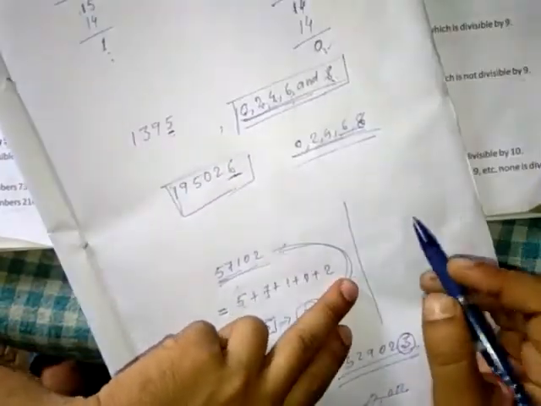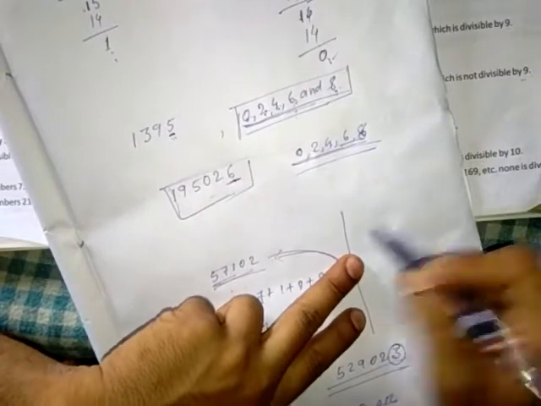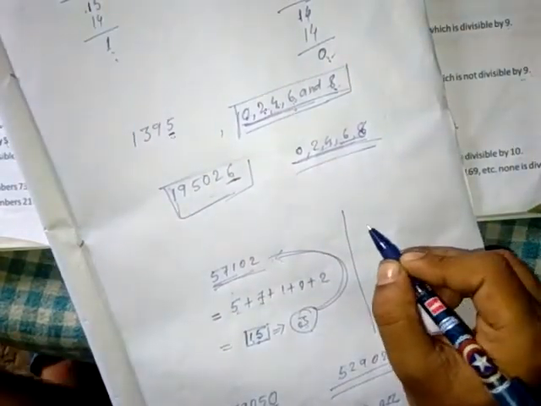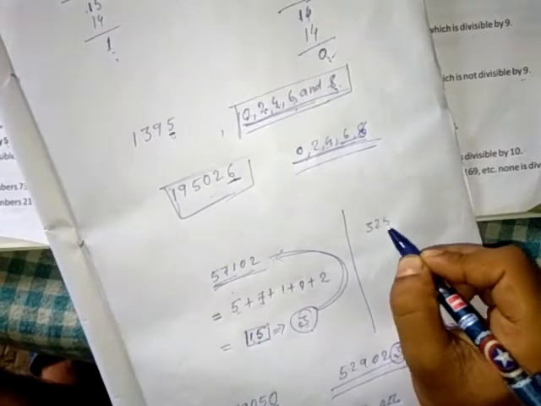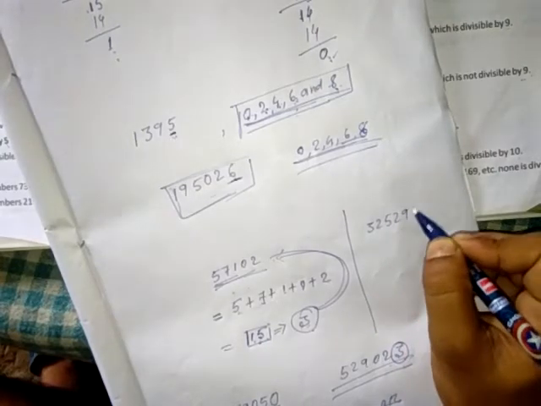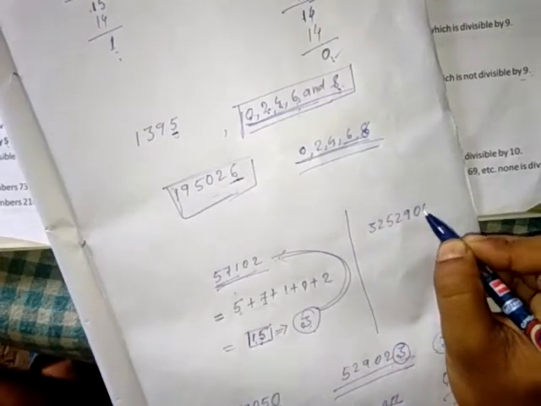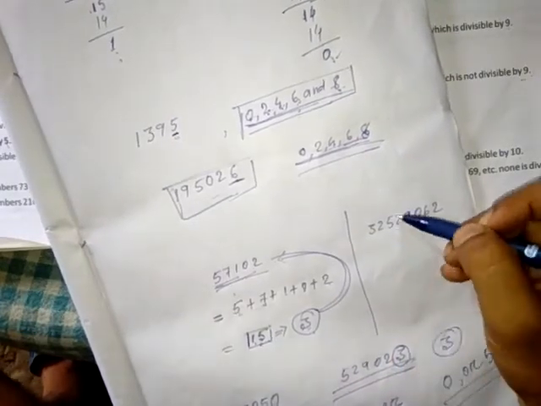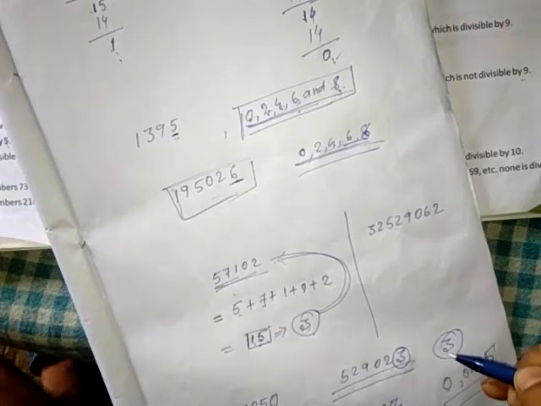Suppose I am taking a number, maybe any bigger or smaller number, like 3259062. Is this number divisible by 10 or not? If you divide this number by 10, it becomes a long process.